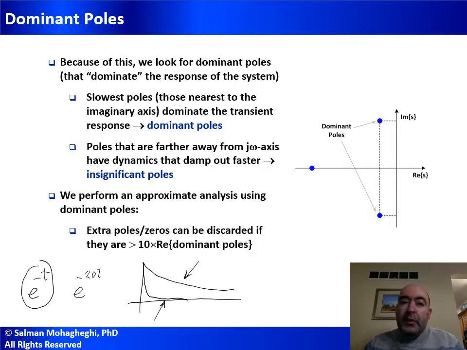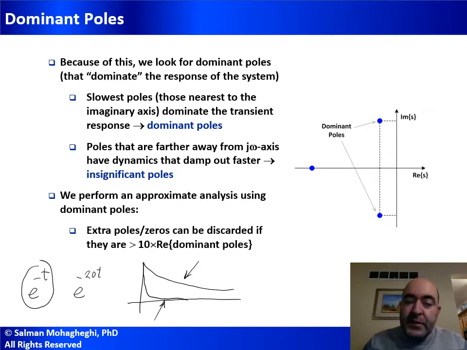Now, when you look at the pole zero diagram, you always look into the pole or poles, so you can have either one or two, the pole or poles that are closer to the j omega axis. Then you look at the next pole, the one which is farther away.